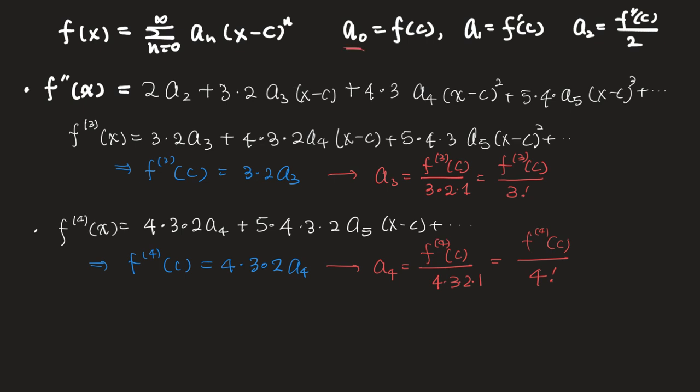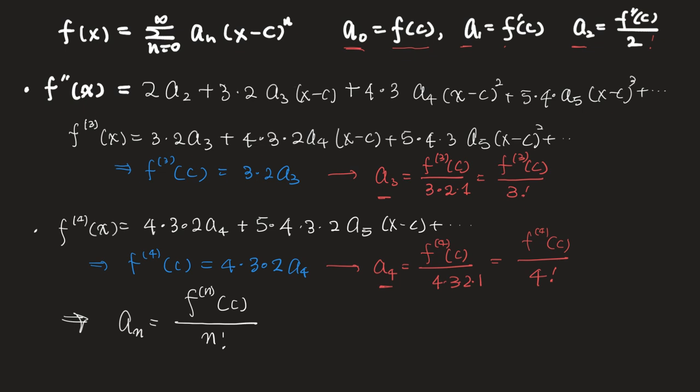The first one: a0 is f of c. a1 is f prime of c. a2 is going to be the second derivative of f at c over 2 times 1, which is another way to put the factorial, 2 factorial. a3 is the third derivative of f at c over 3 factorial. a4 is the fourth derivative of f at c over 4 factorial. So I'm pretty sure you guys get the idea. an is going to be the nth derivative of f at c over n factorial.